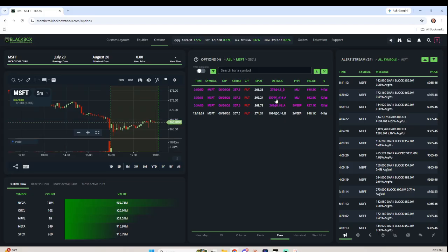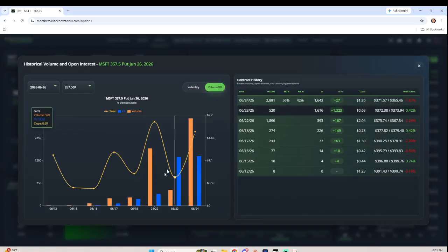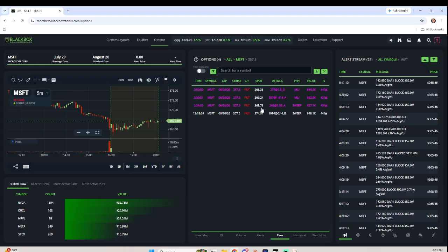All this means is that this contract specifically exceeded the current open interest in volume. Open interest was 1,616, so as soon as it traded the 1,617th contract today, it flipped to magenta because open interest was exceeded.